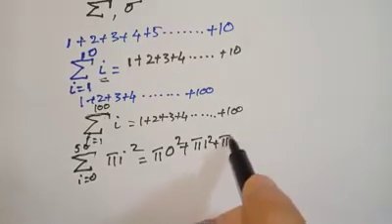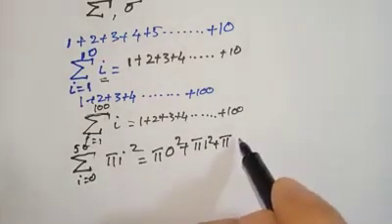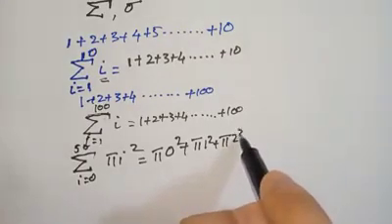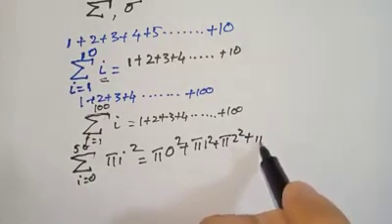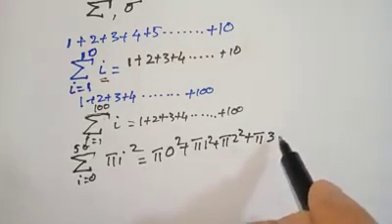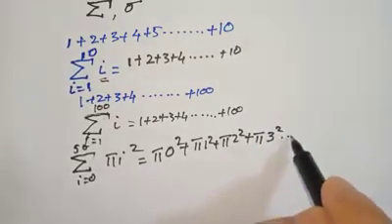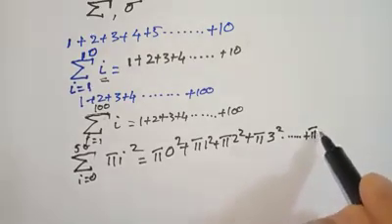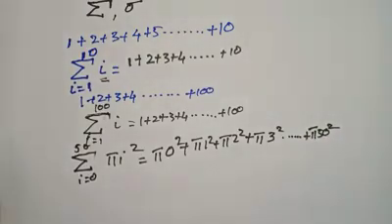Plus, again I will put pi, and this is the second, 0, 1, then it will be 2, 2 squared. Plus pi 3 squared, and it will go on till plus pi 50 squared. So these are the different ways in which we can write the value.